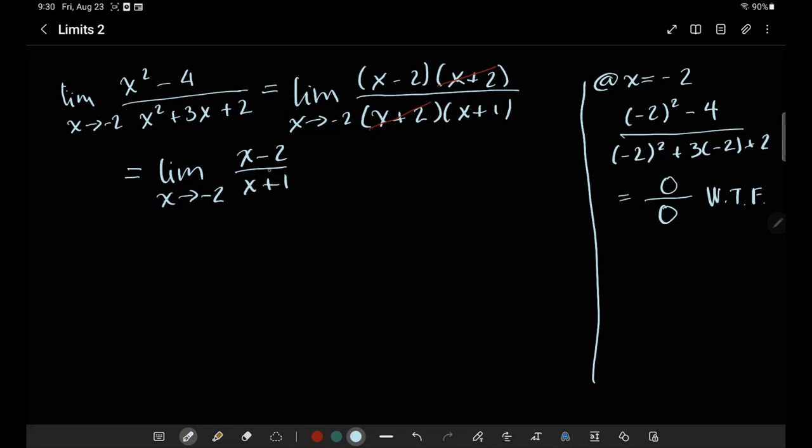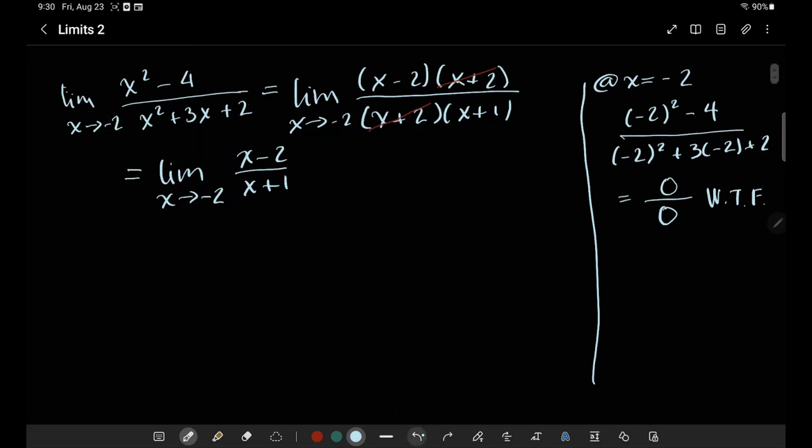So these two functions match at every single point, with the exception of x equals to -2. So on any open interval that includes -2, those two functions match. So the limit that I have here is going to be equal to the limit here. That's why I'm allowed to do the quote-unquote cancellation. I'm using the theorem that I just described. It's not that you can always just cancel it and ignore whenever you have 0 over 0. Only if you're computing the limits, because that theorem allows you to do that.